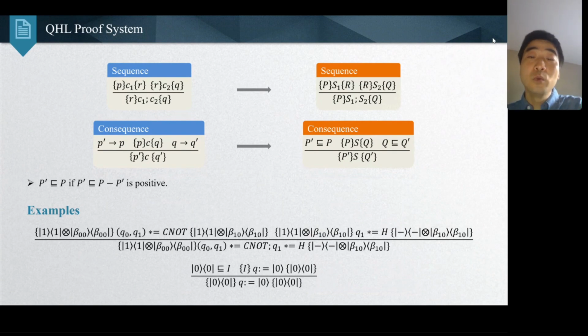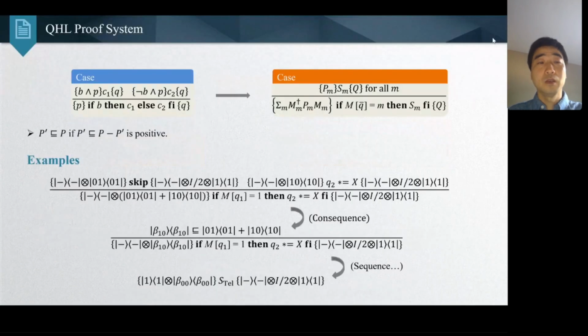Here we use the Loewner order on operators, because we work with semi-definite Hermitian matrices with non-negative eigenvalues. We say P prime is smaller than P if P minus P prime is positive. So this is the case rule.